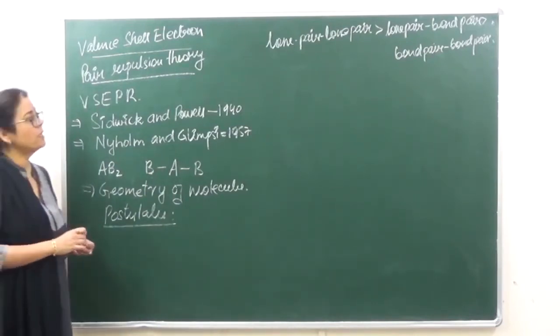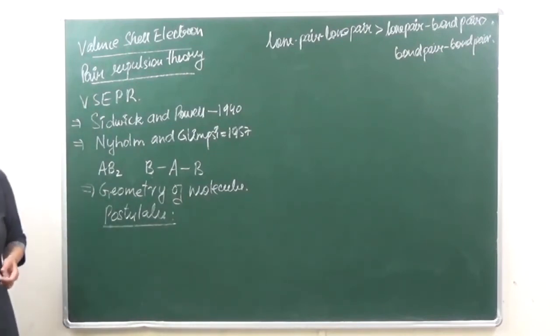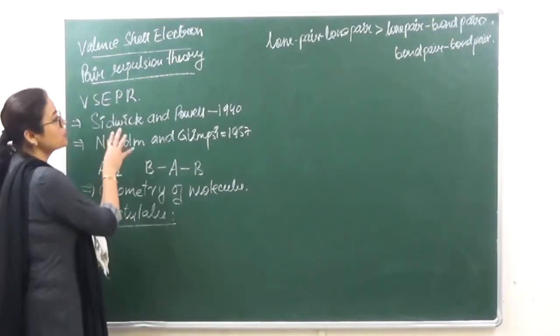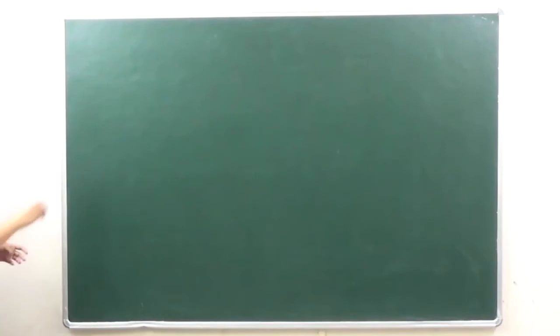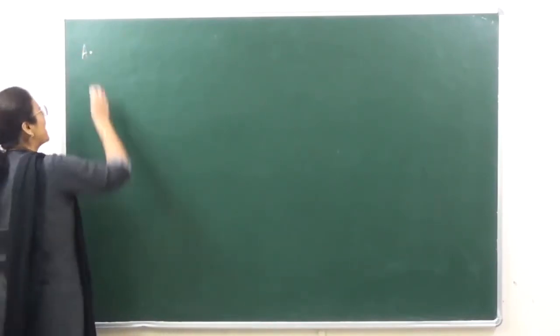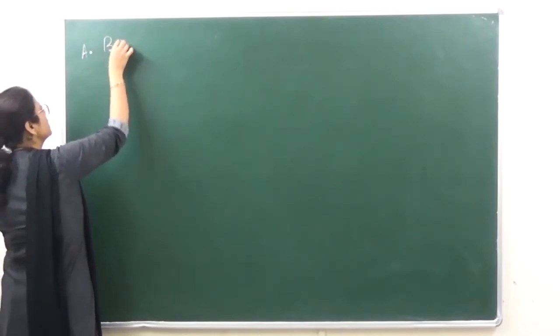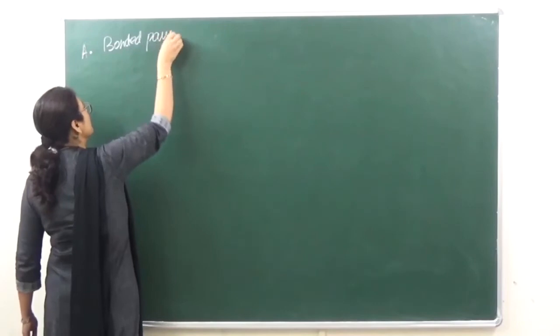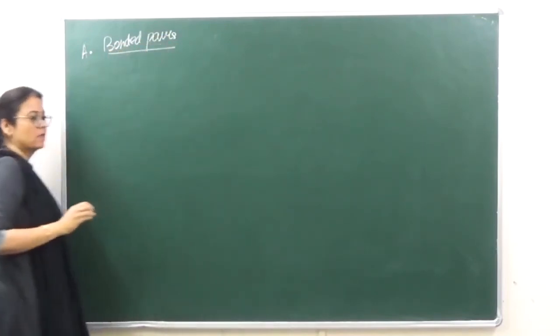Now, depending upon this, let's try and talk of certain examples to illustrate the VSEPR theory. Okay, so the first type of molecules which we are going to discuss are those which have only bonded pairs, right?